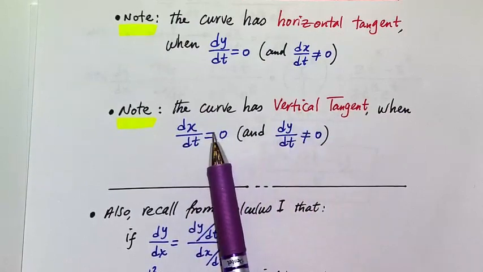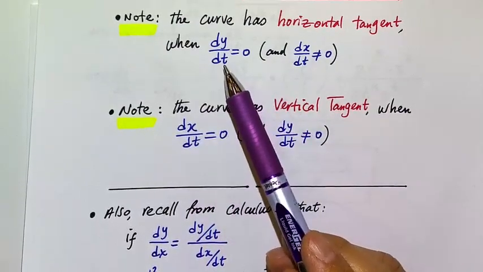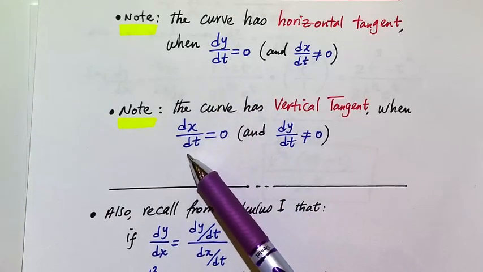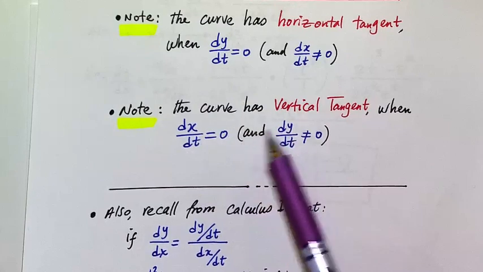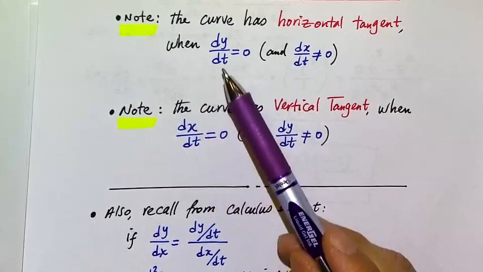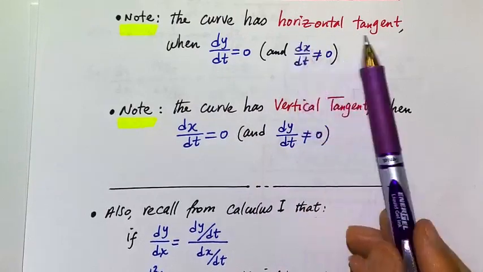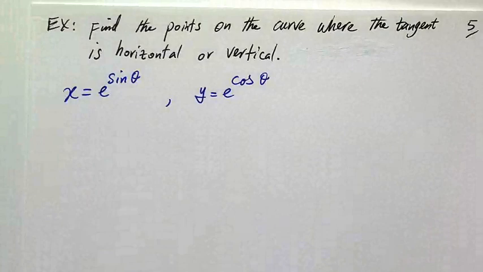So first we have to calculate dy/dt, and then dx/dt, and then we will look at where these quantities are equal to 0. That's going to tell us where we have a horizontal tangent and where we have a vertical tangent.